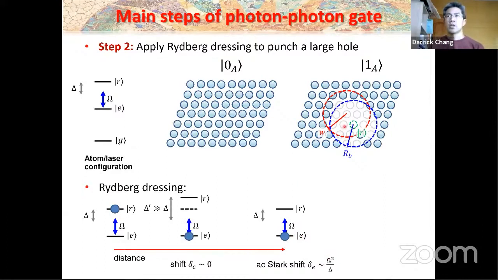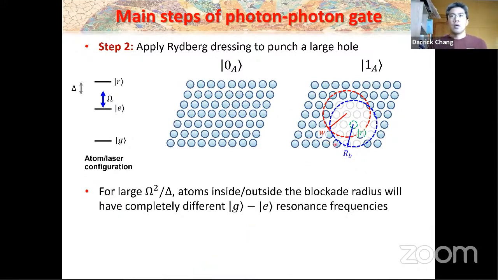On the other hand, if I consider a second atom, which is much closer, then strong Rydberg interactions will shift the R level of this atom by a huge amount. And what you see then is that this Rydberg shift is big enough that it essentially destroys any kind of AC Stark shift on this level E. Okay, so an atom that's near enough to this existing Rydberg excitation sees an AC Stark shift that's ideally 0.